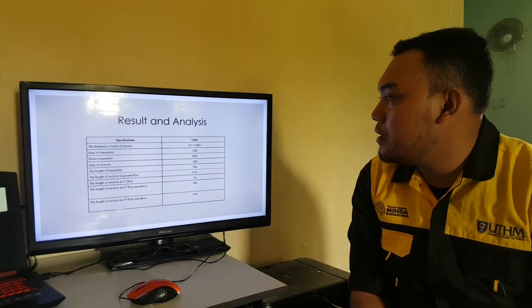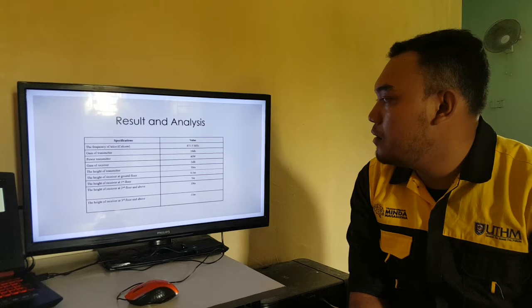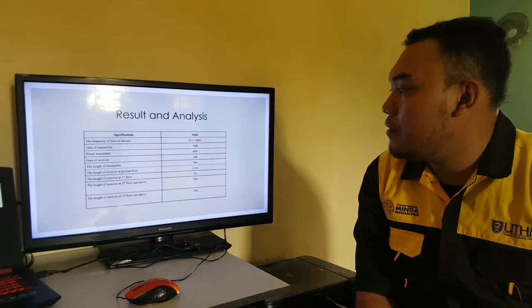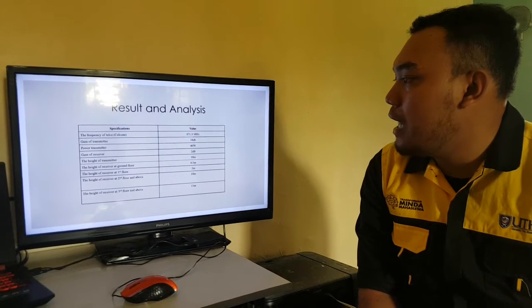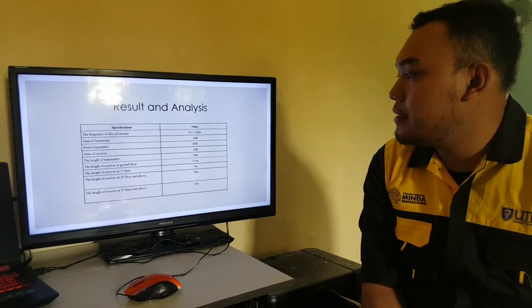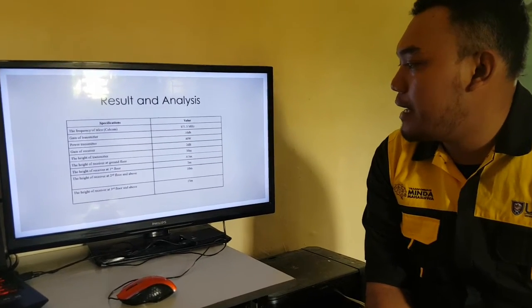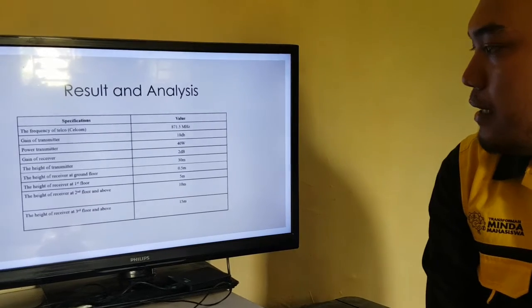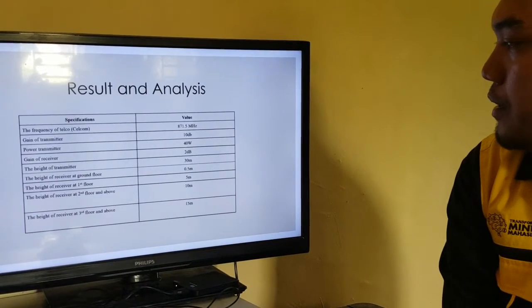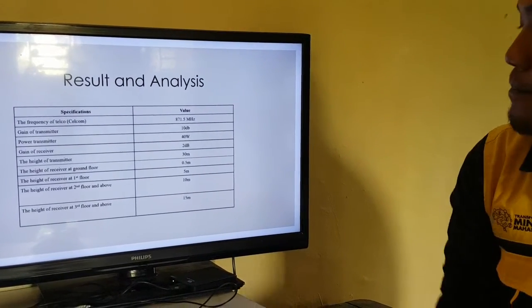The height of the receiver at ground floor is 0.5 meter, at first floor is 5 meter, at second floor is 10 meter, and the highest level in this experiment was third floor, which is 15 meters.